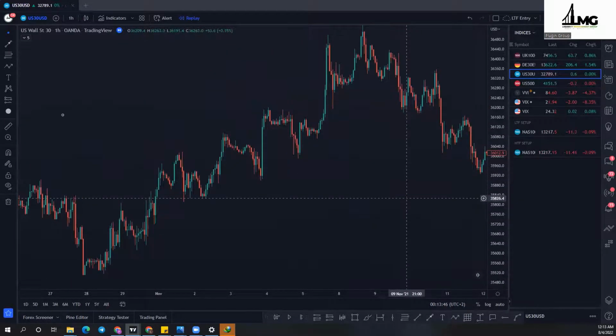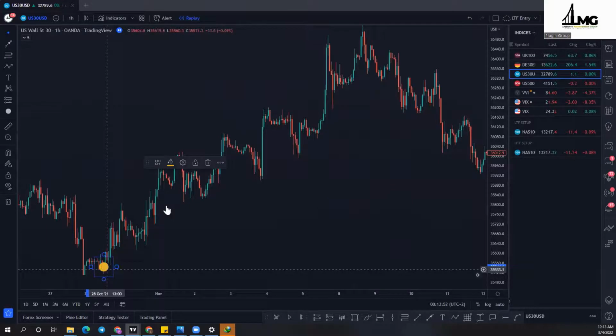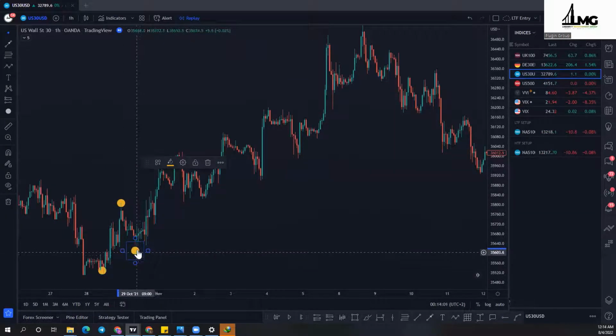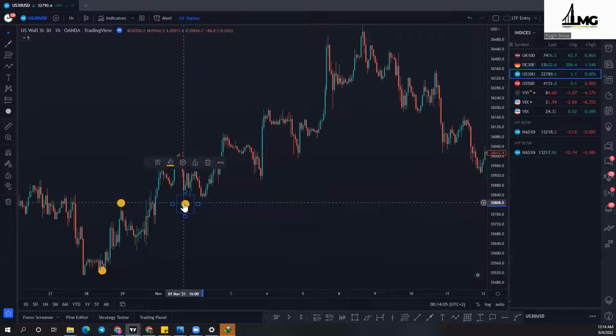So in this case, as you can see, we see price doing the same thing but to the upside, right? So we see price form a low, and then from that low, let me reduce this a bit, price goes and forms a high, and then it goes and forms a low, it goes and forms another high, it goes and forms another low, right? So let's leave that there.